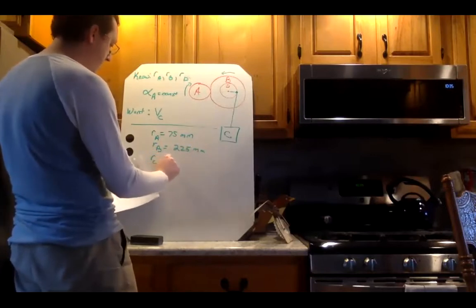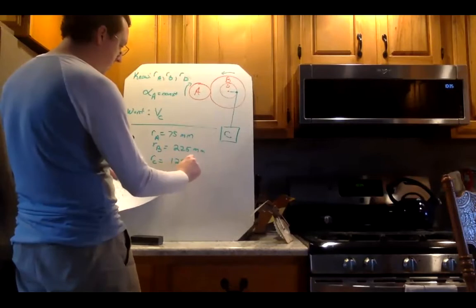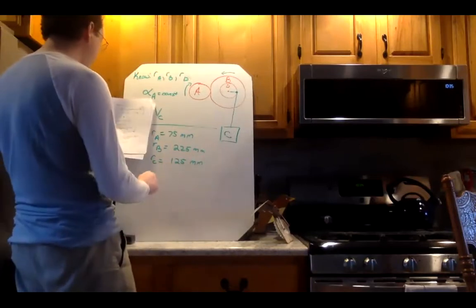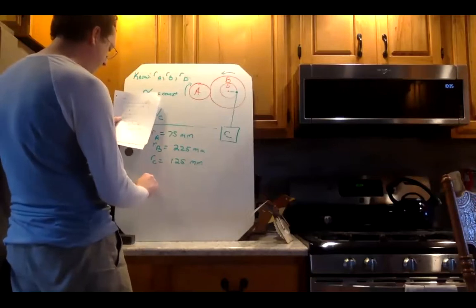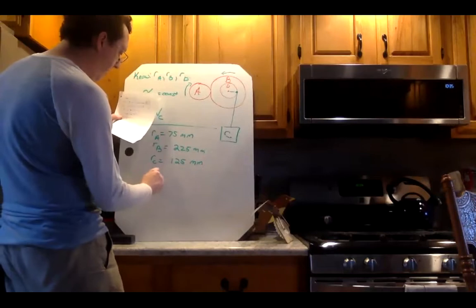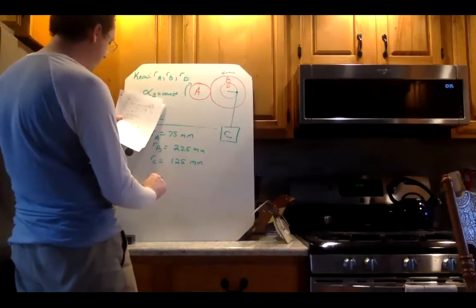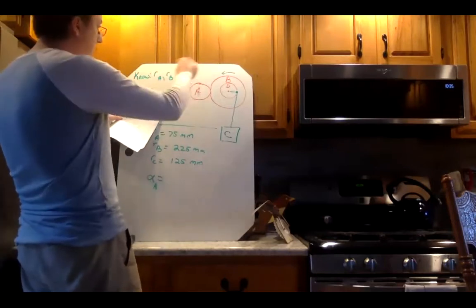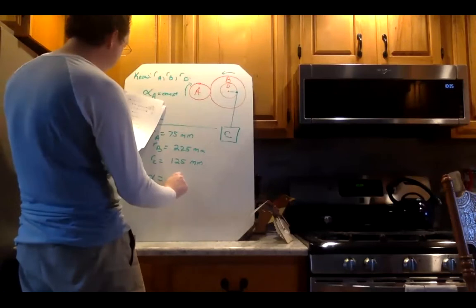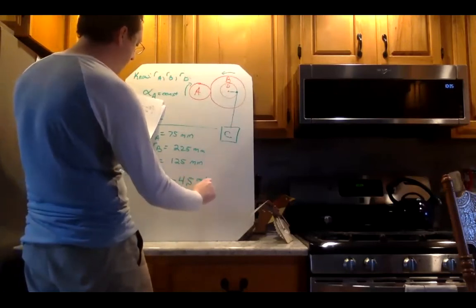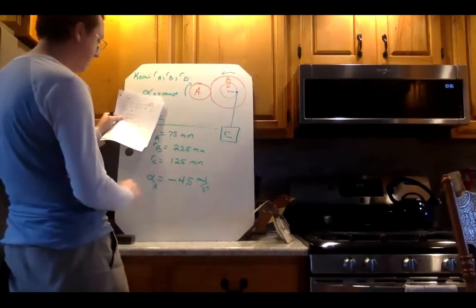RC is 125 millimeters. And then my formula says VC, and alpha, sorry. Alpha, and I think this is where I went wrong in the presentation. I had this wrong by a minus sign. Alpha A, the way I've drawn it, should be negative 4.5 radians per second squared. I think I had a plus sign there.